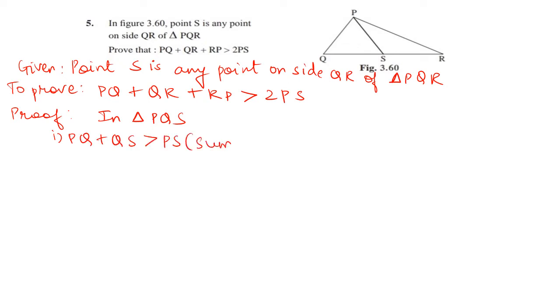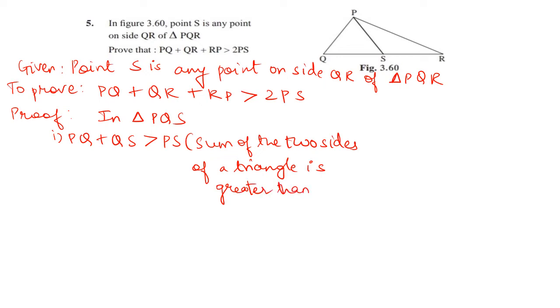Reason: sum of the two sides of a triangle is greater than the third side.